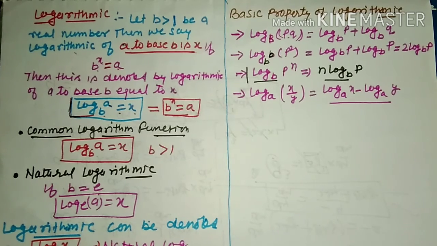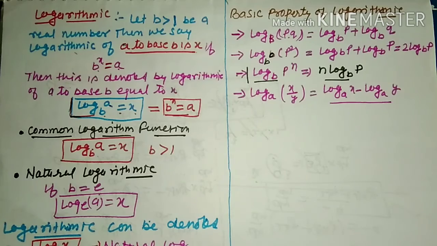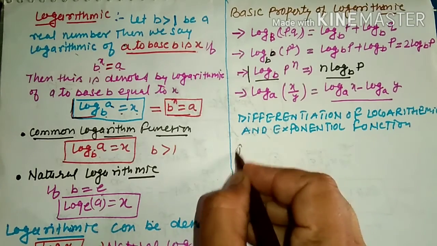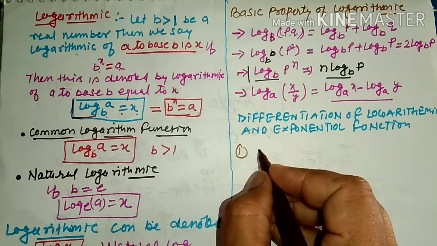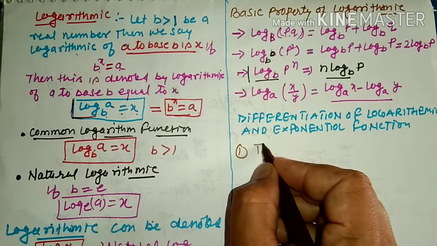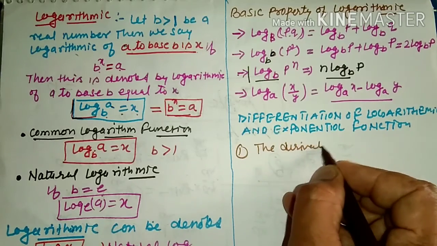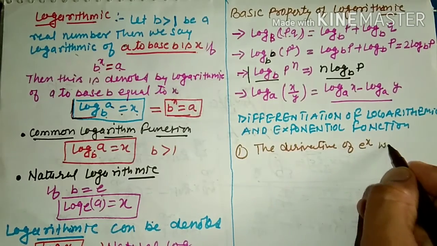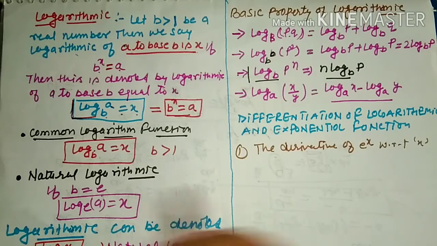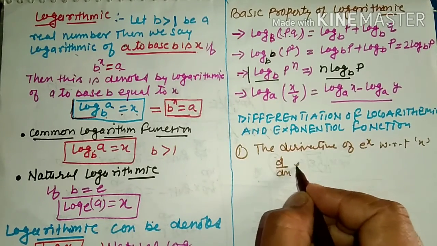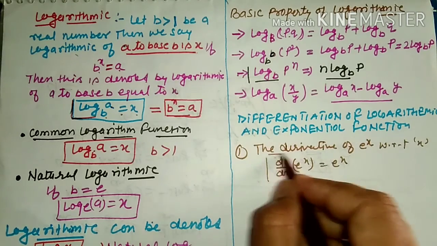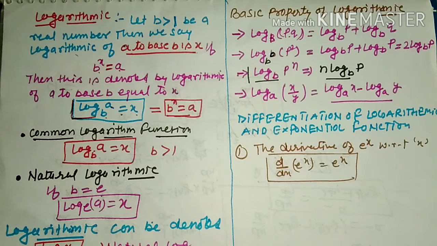Now differentiation of logarithmic and exponential functions. First, the derivative of e to the power x with respect to x: d upon dx of e to the power x is equal to e to the power x, meaning there is no change after differentiating the exponential function.